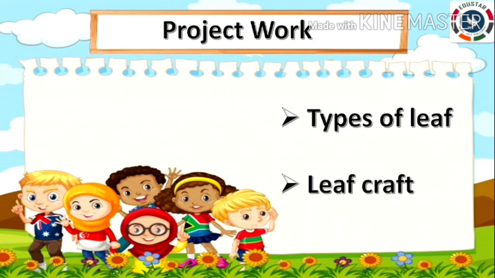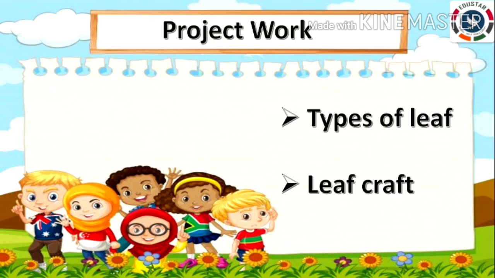The next one, this is a project time for you. Here we are going to do some different creative activity. We are going to do two types of activity. You need to collect types of leaf and we are going to make a leaf craft. I'll explain how to do it.